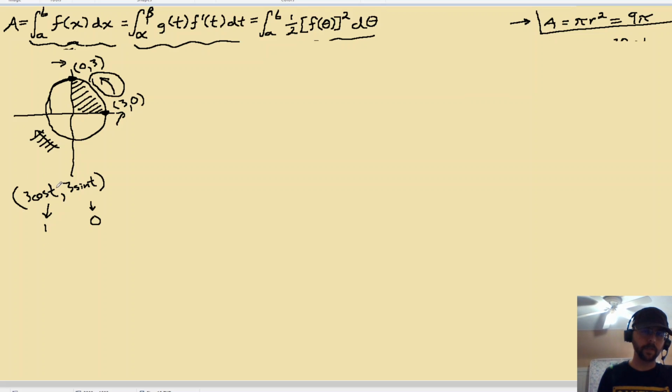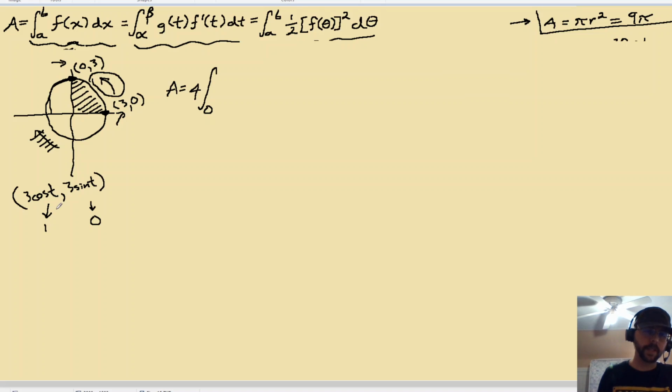Cosine of 0 is 1, and sine of 0 is 0. So we want 0. So area equals, we're going to set it up, as I said again, 4 times the integral from 0 to, and this should end up being, I think, pi over 2.